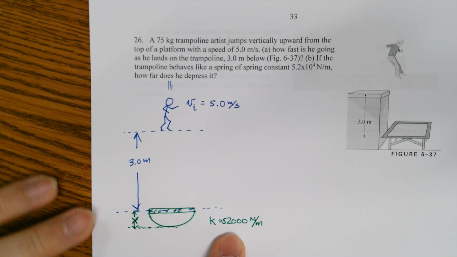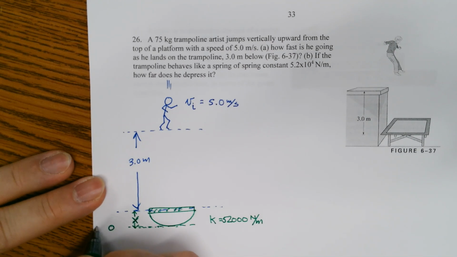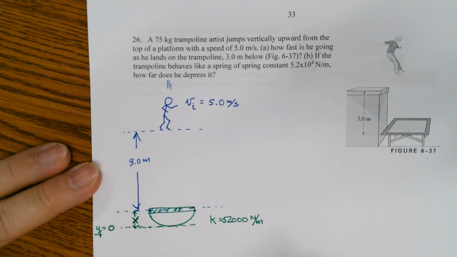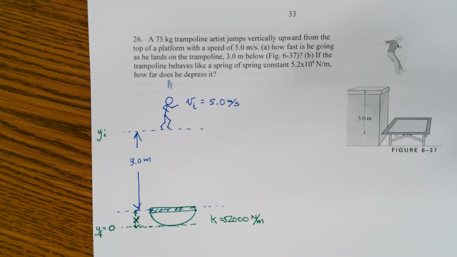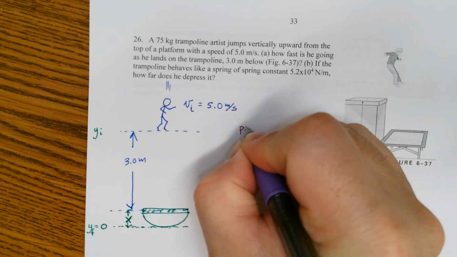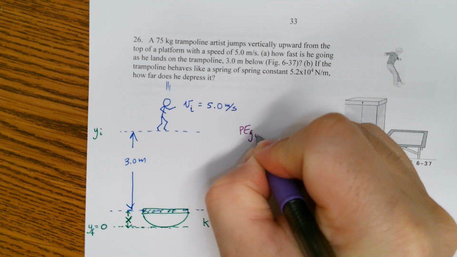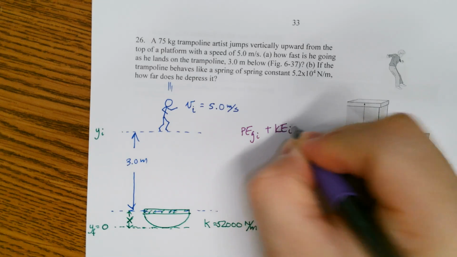Okay? So this is really our zero right here. This Y final is 0 here, and this is our Y initial. So let's think about the energies that are involved. Initially, I have gravitational potential energy initial and kinetic energy initial.